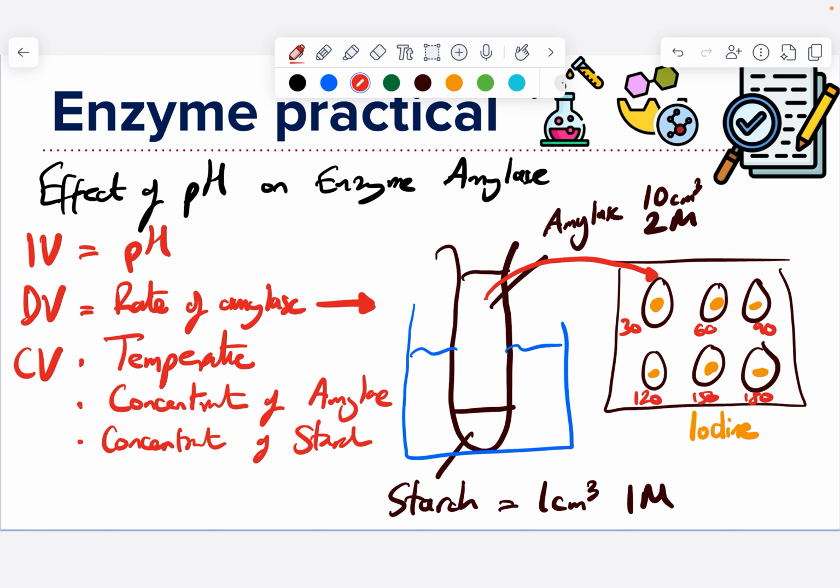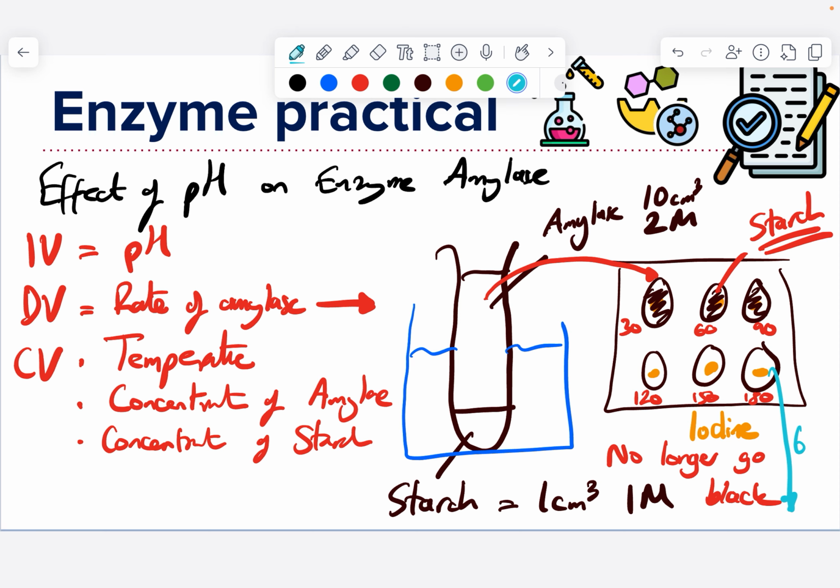And you're looking to see the time taken for the solution to no longer go black. If it goes black, so black means that starch is still present. If it does not go black, it means that starch has been broken down into glucose.